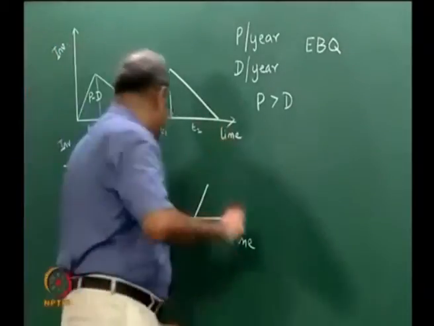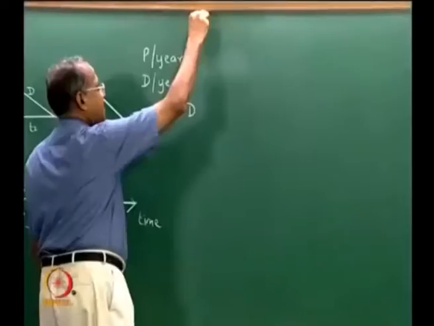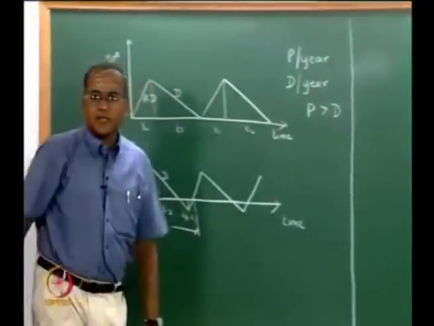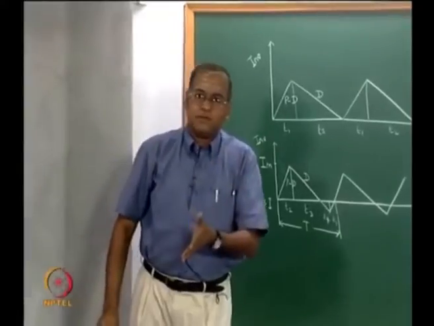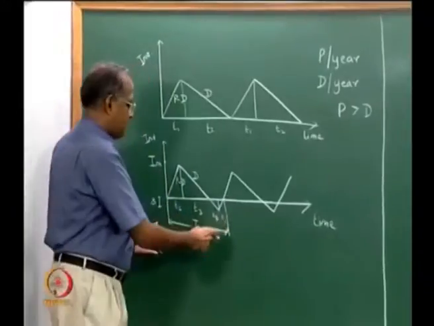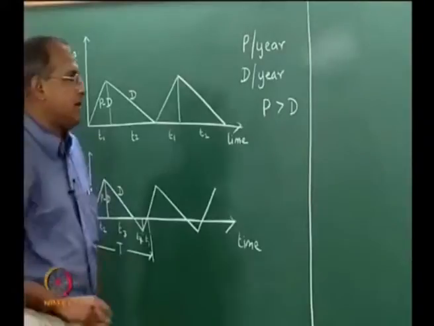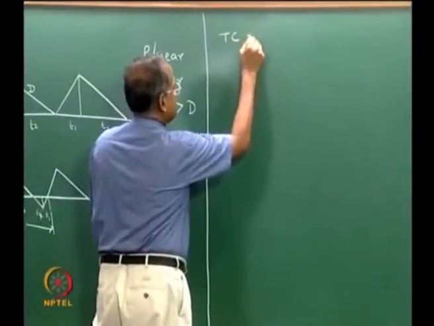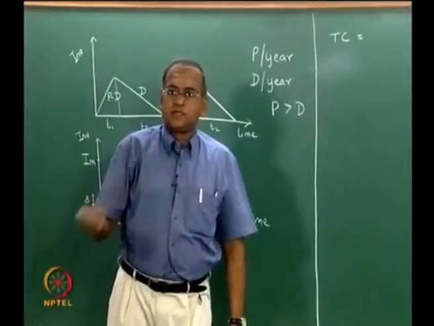Now let us try and write down the necessary total cost equation for this. There are 3 costs. There is a cost of setup, there is a cost of inventory and there is a cost of shortage. So if we produce in this cycle T a quantity Q, let Q be the quantity that is produced. So total cost is made up of 3 terms, which is the setup cost, the inventory holding cost as well as the back order cost.